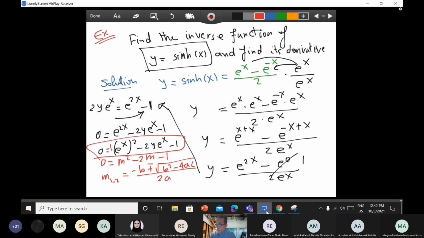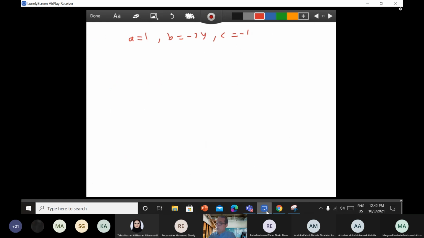A is 1, the coefficient of the square, the coefficient of degree 1 is minus 2y, and the constant value is minus 1. So I have a and b and c. So the root e to the x will equal to minus b, so minus minus 2y, plus or minus the square root of b squared, minus 2y squared, minus 4ac, 1 times minus 1, over 2a, 2 times 1.